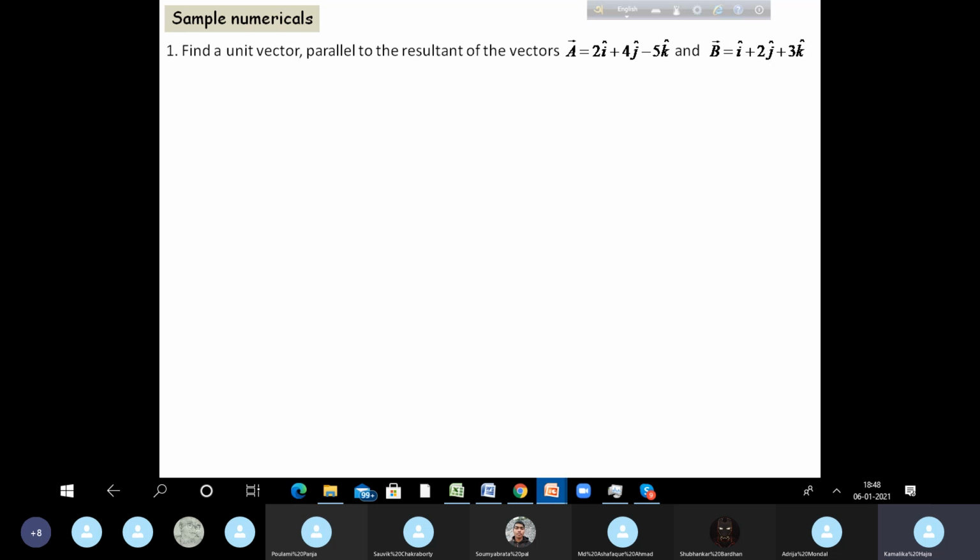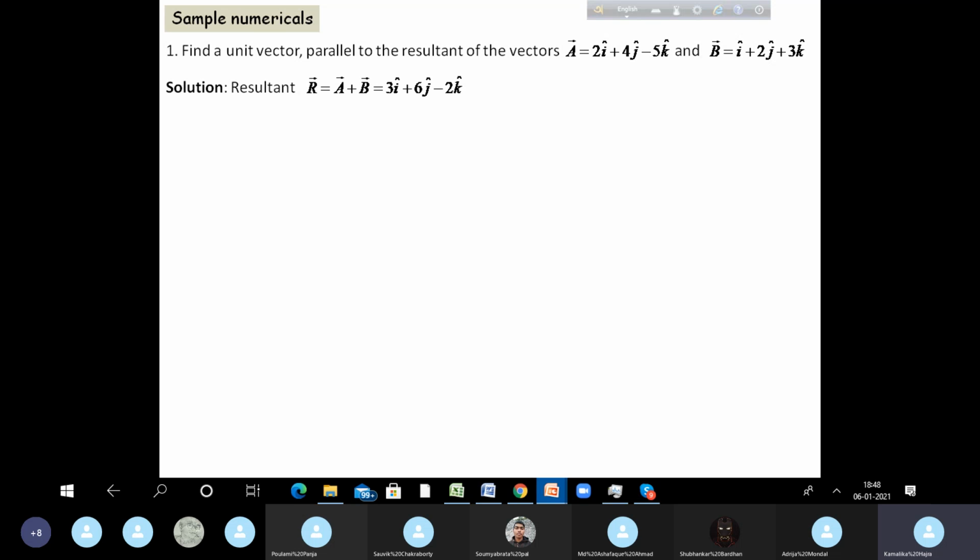So the first one says, find a unit vector which is parallel to the resultant of these two given vectors, A and B. Okay. So what will you do? You will first find the resultant of the two vectors. It is given in component form, so it is very easy to find.